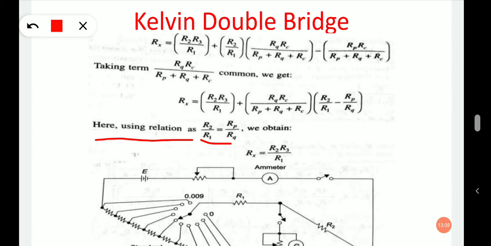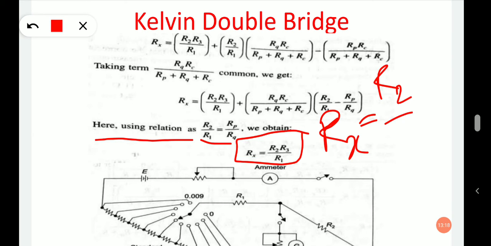using the relation R2 by R1 equals Rp upon Rq, we obtain the final expression Rx equals R2 upon R1 into R3.